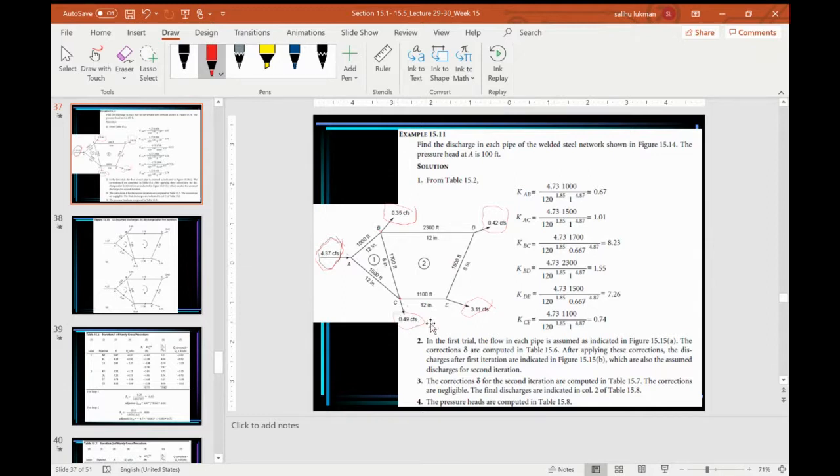What are we doing here? We are dividing the flow rates. Here, the demand 0.35 cubic feet, we are assuming is the flow in this pipe, AB. Now, this 0.49, we are assuming that is the flow from BC and AC, okay? So we have to divide it, 0.49.